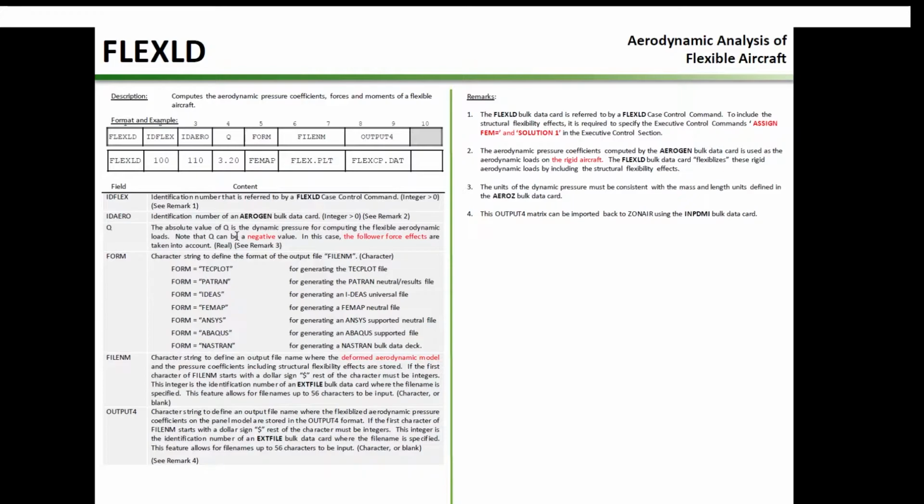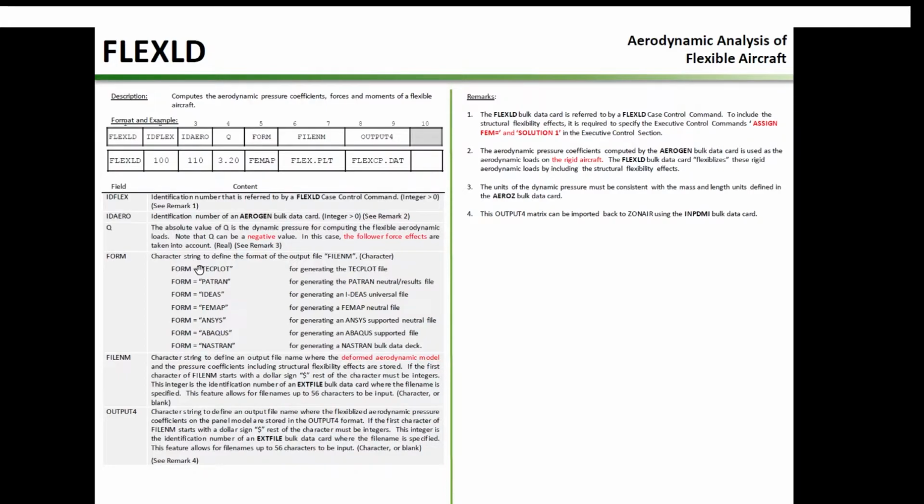The unit of the dynamic pressure must be consistent with the unit specified in the AERO card. And if you want to include the follower force effect, you can put a negative sign in front of this dynamic pressure.